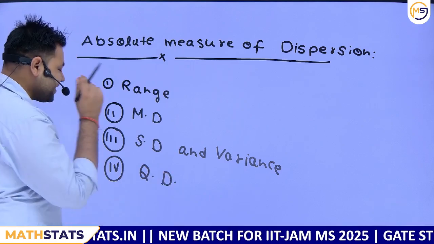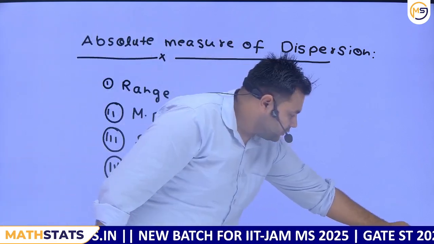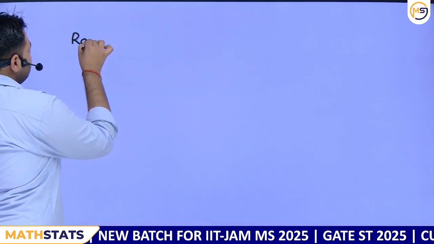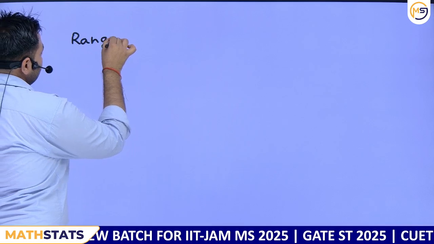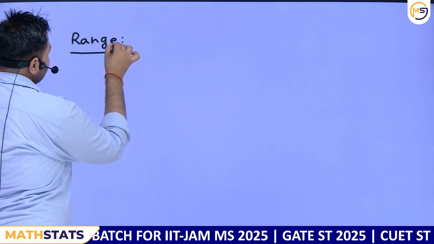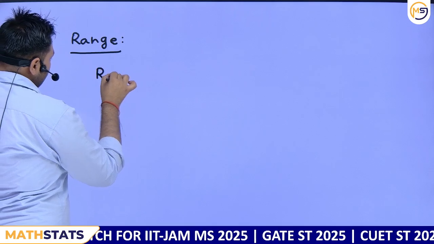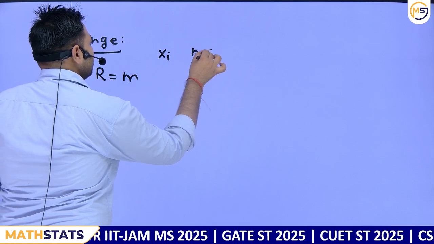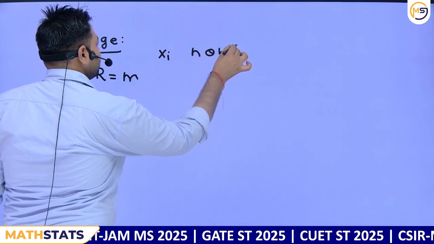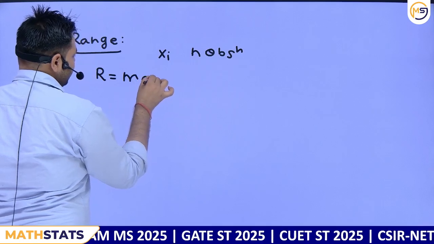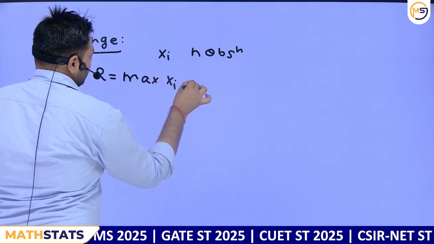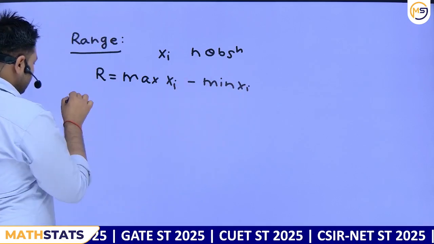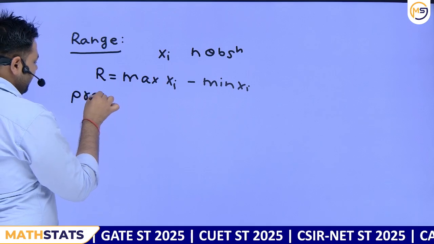So first I am talking about range. What is range? Range is defined as follows: suppose we have n observations xi. Then range equals maximum of xi minus minimum of xi. Now the properties of range.